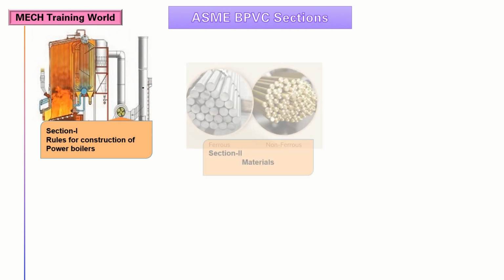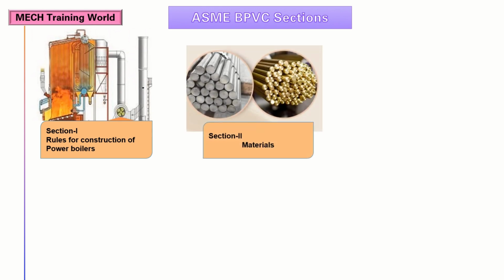And next one is materials. This is Section 2, materials. It is the general section for all ASME boiler and pressure vessel design codes. So what does general section mean, guys? General section means we can use this section for Section 1 power boilers and Section 8 pressure vessels, but there are some criteria in the design code that we need to follow before selecting the material.